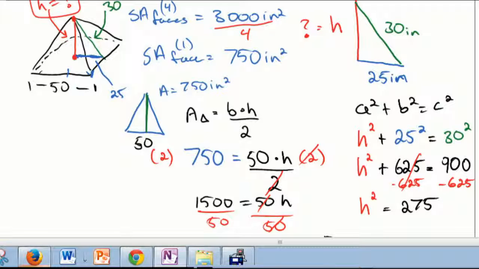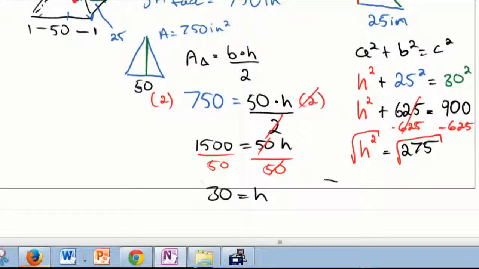And then I'm going to take the square root of both sides. Because I had h squared, I just want h. So h is going to be equal to the square root of 275.